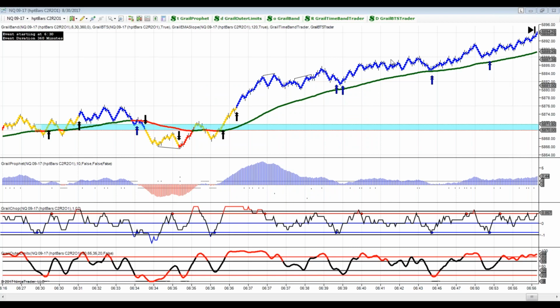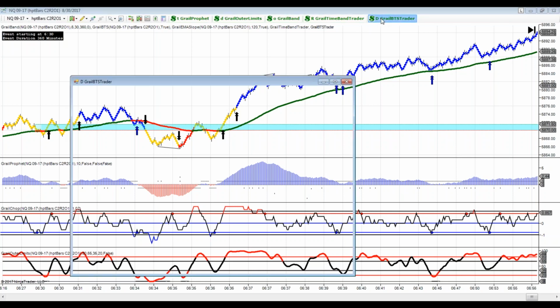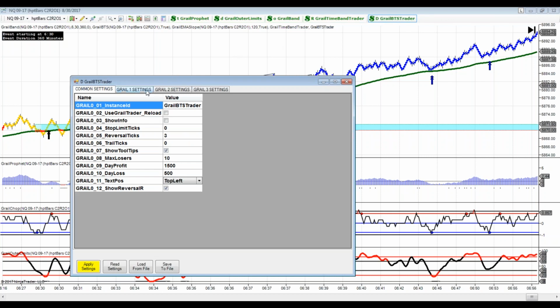All right. So here we go. Remember, I also have the Grail time band trader here. So that was trade 1 on the time band, trade 2, trade 3. But now we're going to look at the Bts Trader. So it also has 3 components.